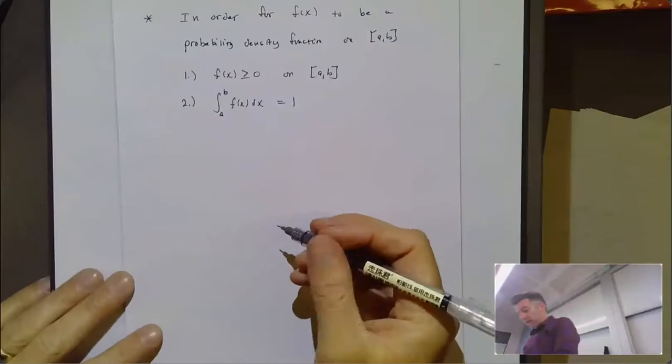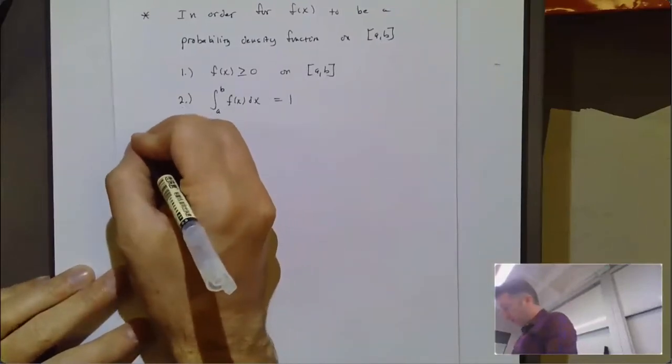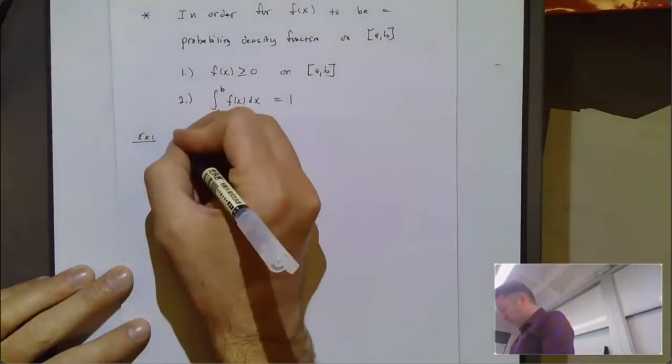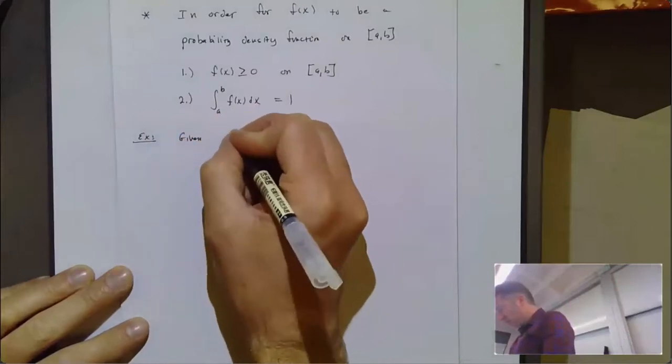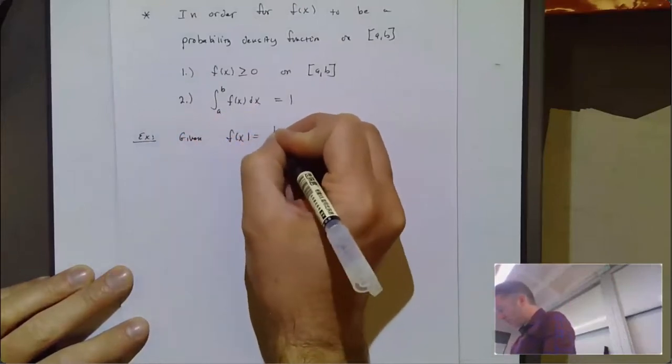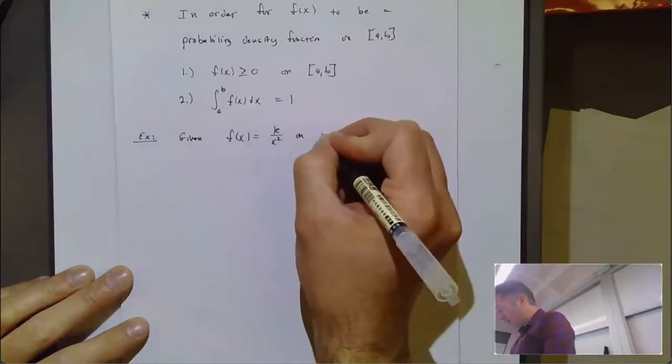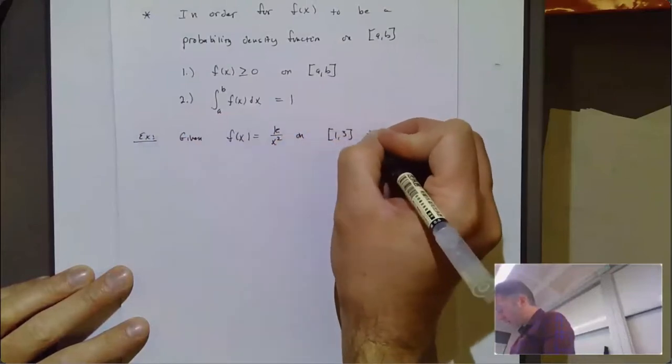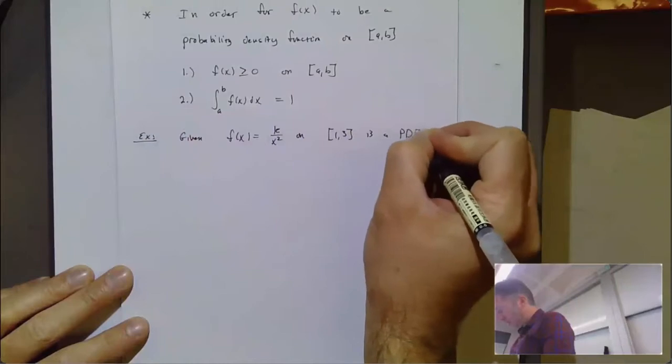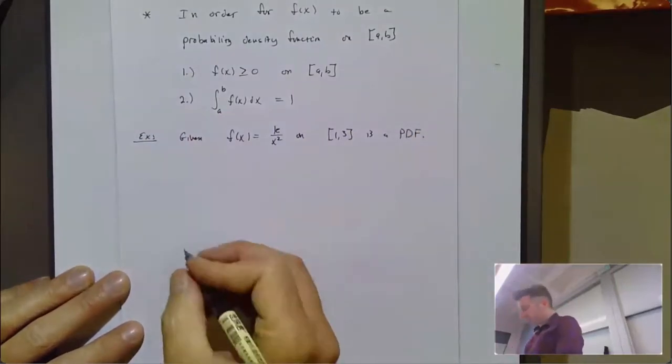So with that in mind, let's look at the following problem. Given f of x equal to k over x squared on the interval 1 to 3 is a probability density function, find k.